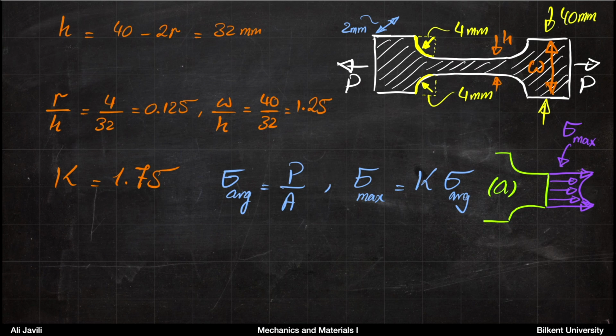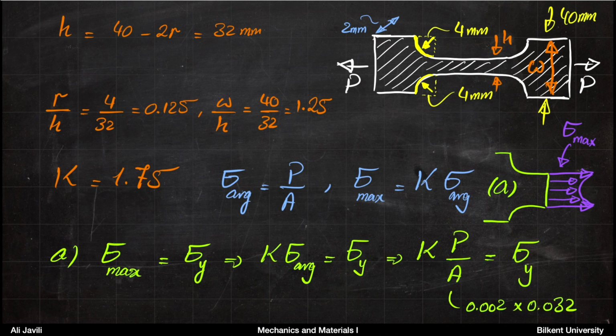Then you calculate the average stress. Sigma average is equal to P divided by A, and sigma max would be K times sigma average. For part A, we are looking for the maximum elastic stress. So there is still a stress distribution here.